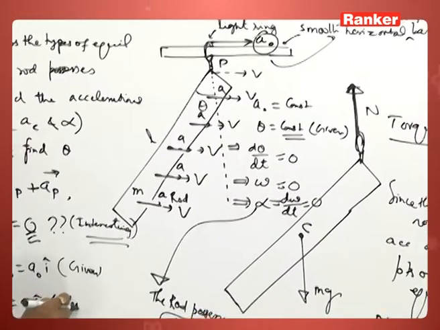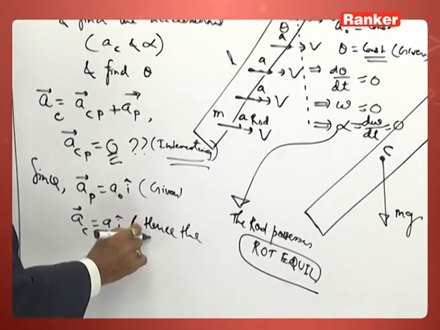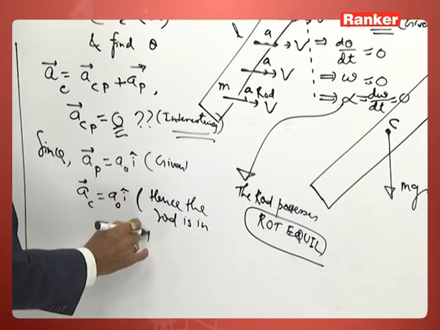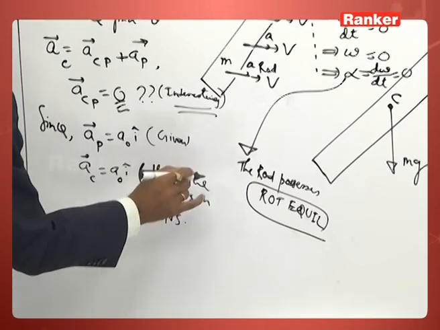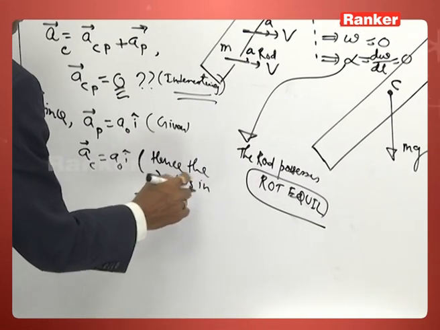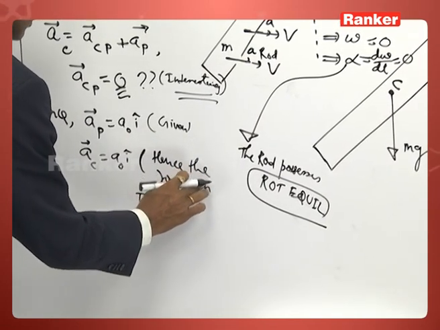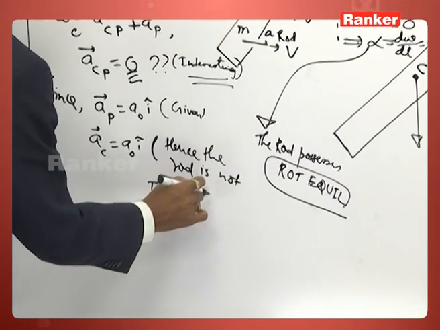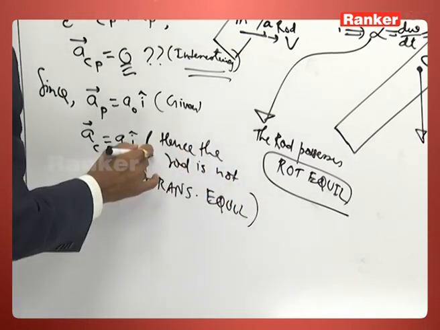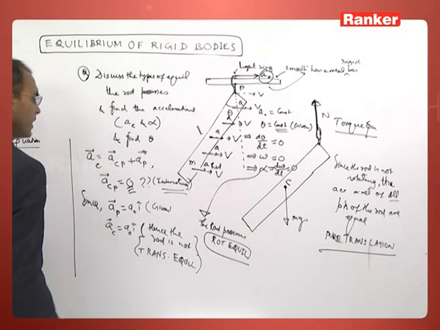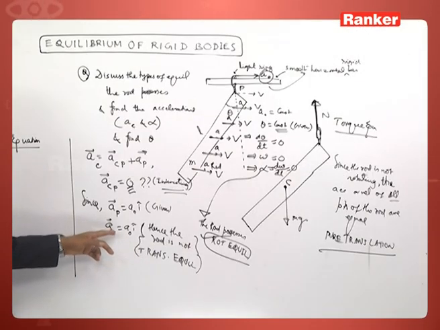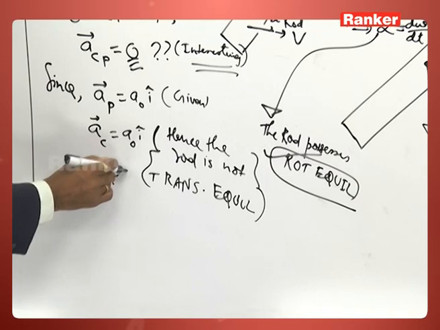Hence, the rod is not in translational equilibrium. The rod has rotational equilibrium, but it doesn't have translational equilibrium because A C is not equal to 0.